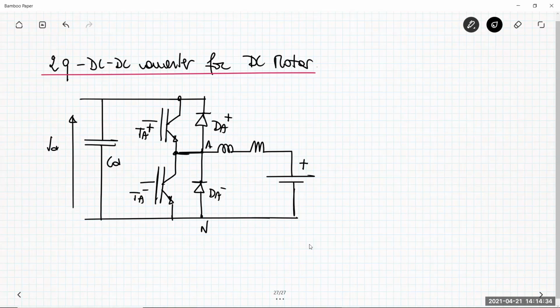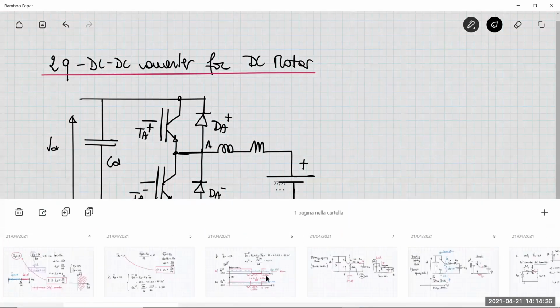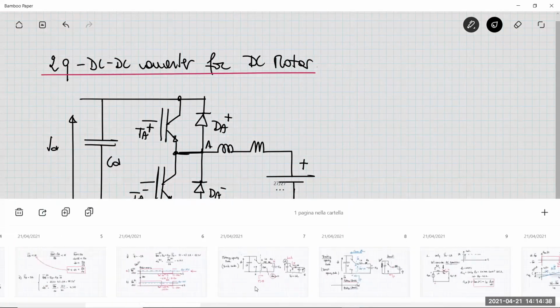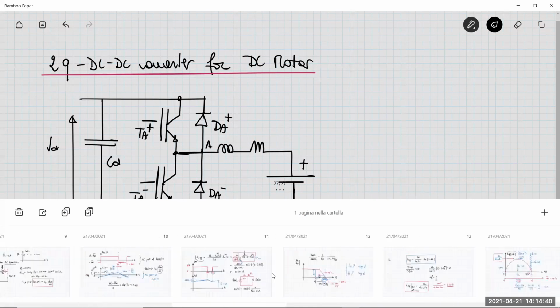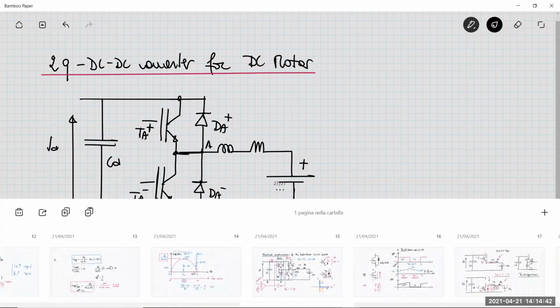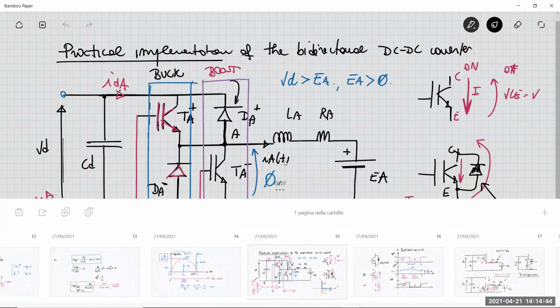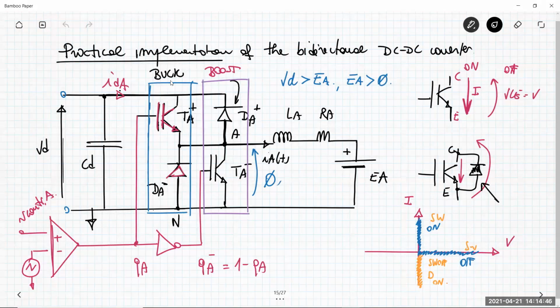I just modified the position of the switches in the previous description here, just to highlight the presence of a buck and a boost. But basically, if you find these circuits in literature, TA plus is drawn exactly up to the TA minus as I did here.